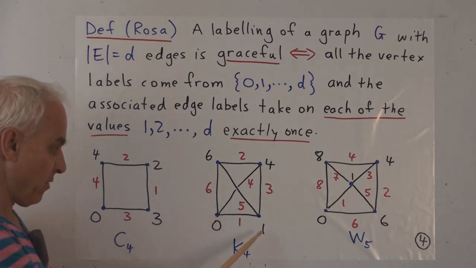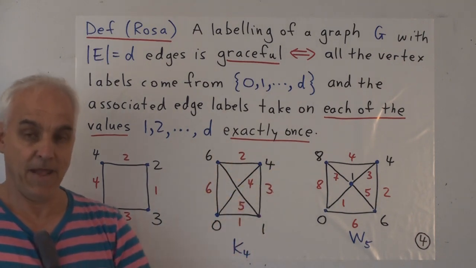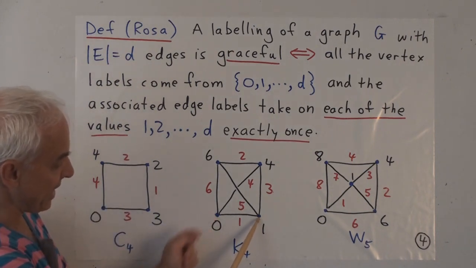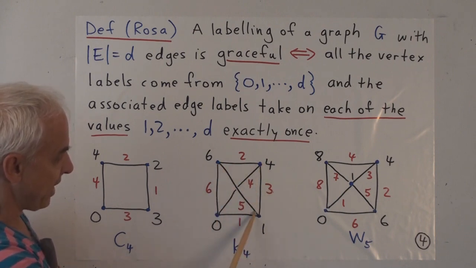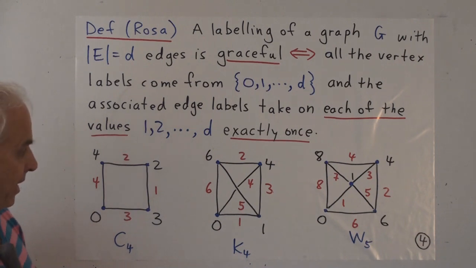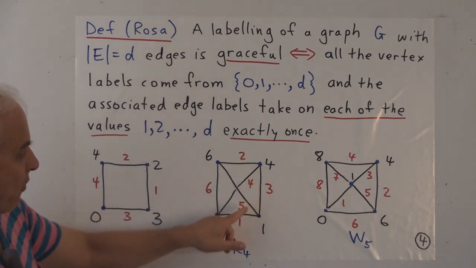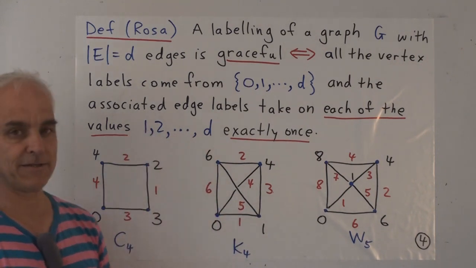Assign that vertex 0, that vertex 1, that vertex 4, and that vertex 6. And that is a graceful labeling because when we look at the edges, they get labels 1, 3, 2, 5, this one, 4 here, 6 here. And after we've done that, we see that the edge labels are 1, 2, 3, 4, 5, and 6. All the numbers from 1 up to 6.